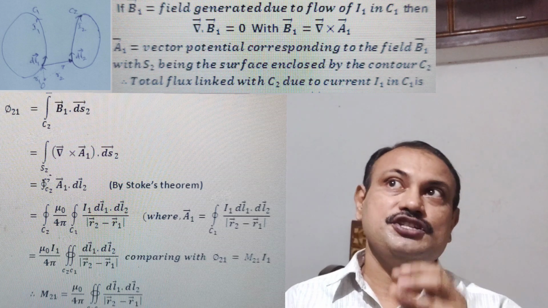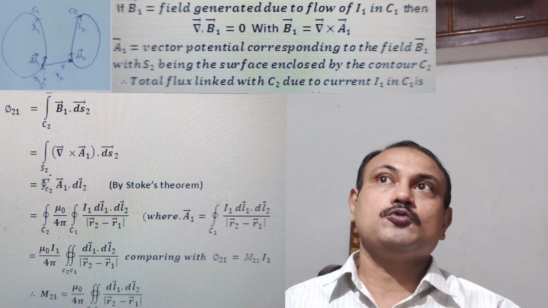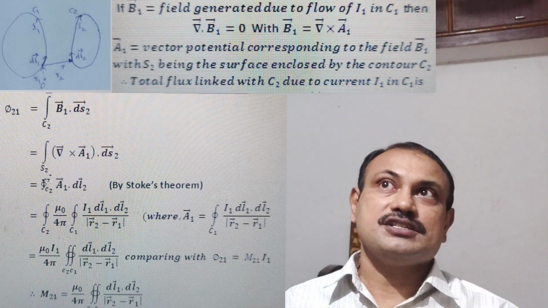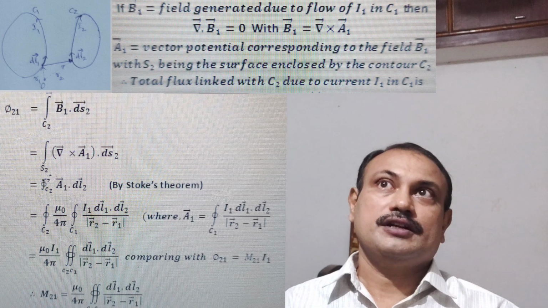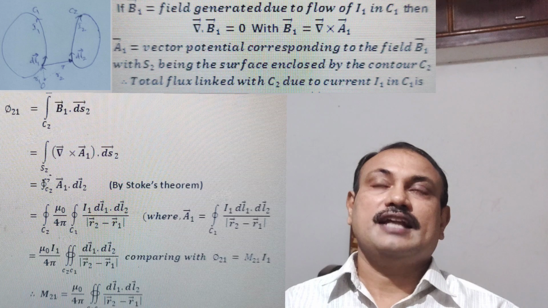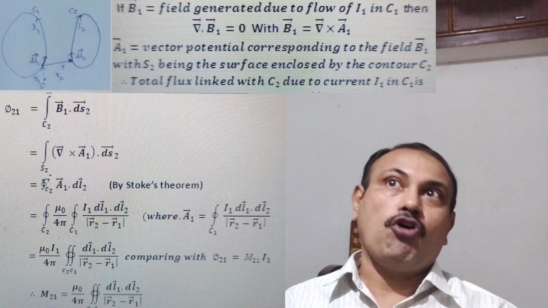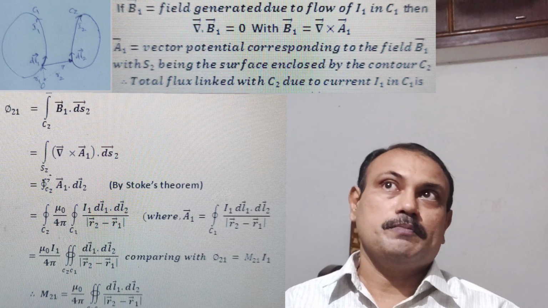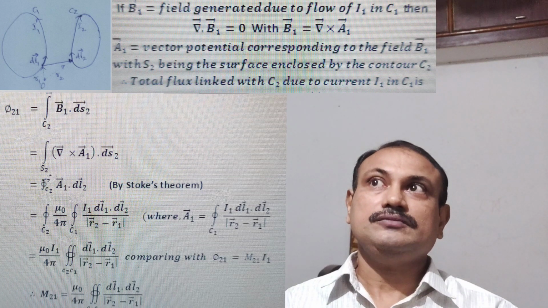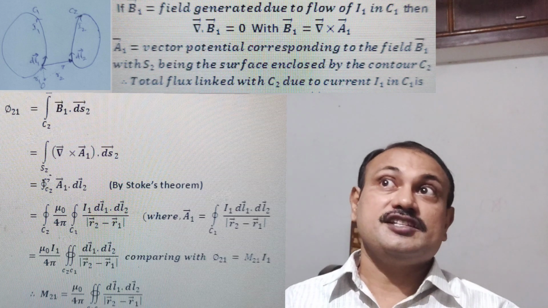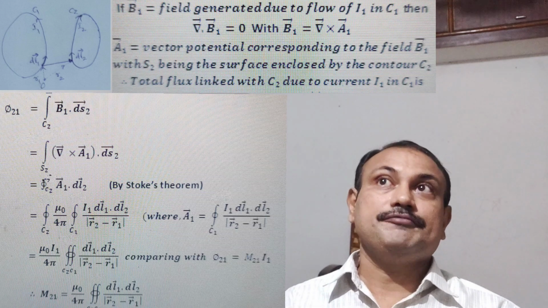If this is the total flux linked with C2, which we can name as phi 21, that can be written as surface integral over S2 of B1 vector dot dS2 vector, the differential surface element, which must be equal to the surface integral of curl of A1 vector dot dS2, because our B1 vector is expressible as curl of A1 vector. Now this S2 is the surface over the contour C2 which is enclosing it.